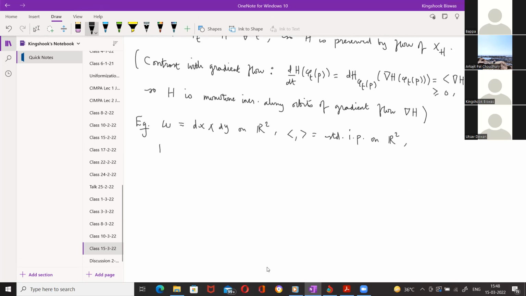Then take H to be the function x squared plus y squared. So dH at a point (x,y) will be 2x, 2y. Or let me put a half here, so that we get rid of the 2.